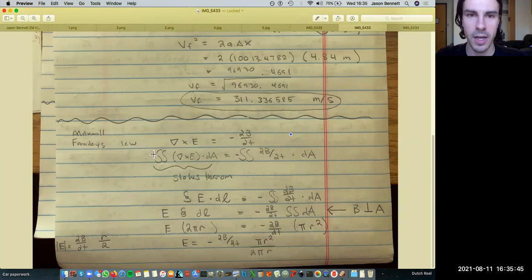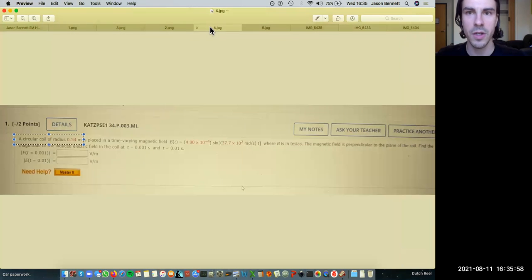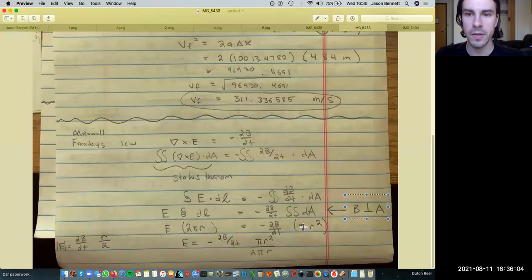Okay, use Stokes's theorem. So we have the line integral of E, we have the time dependence of B in this area. Those two things are perpendicular based on the question. Magnetic field is perpendicular to the plane of the coil. And so I just pull this guy outside.